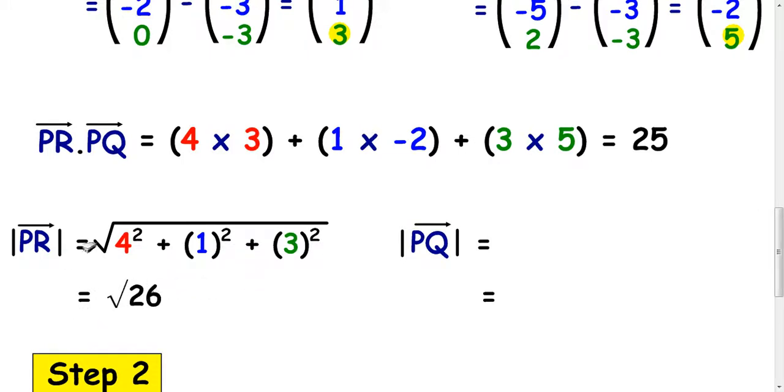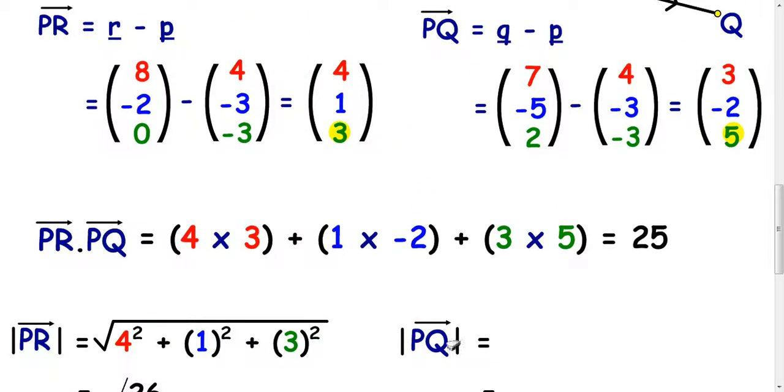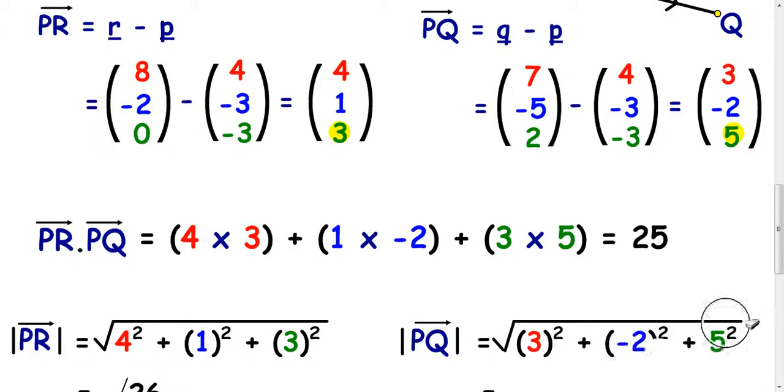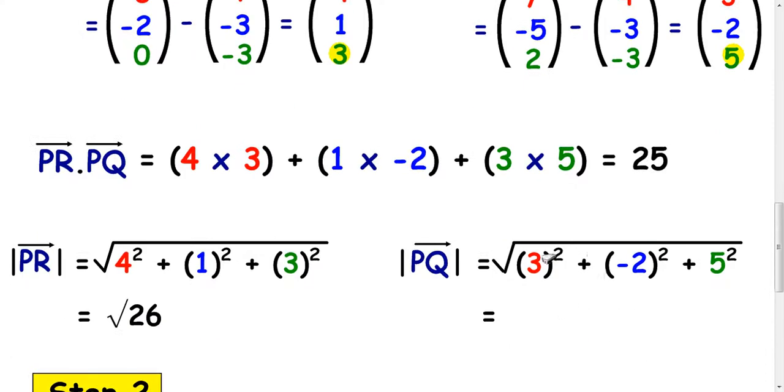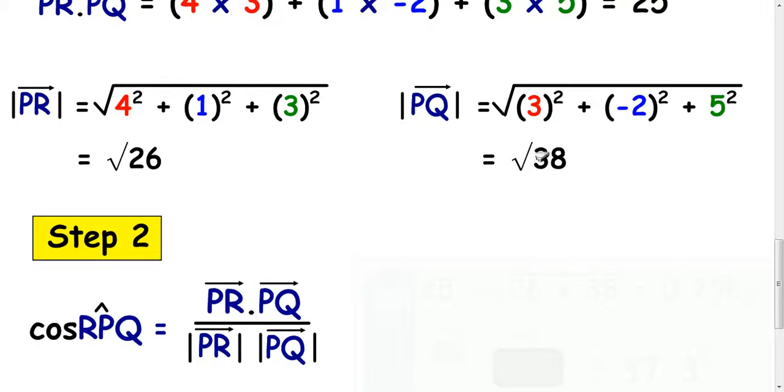So this comes to the square root of 26. No need to turn it into a decimal, just leave it like that. Do the same with the magnitude of PQ. Square root of 3 squared plus minus 2 squared plus 5 squared. So that's 9 add 4 add 25, which comes to 38. Just leave it as a root.